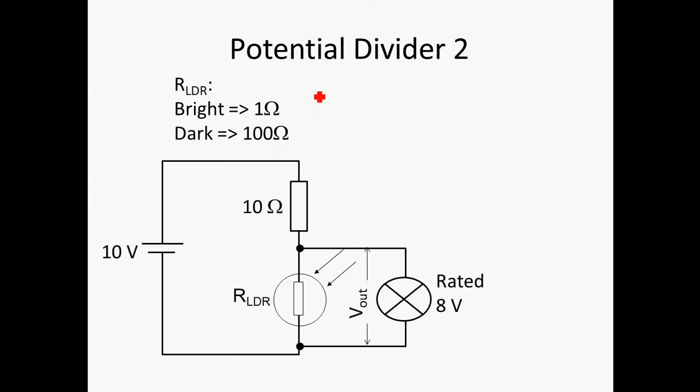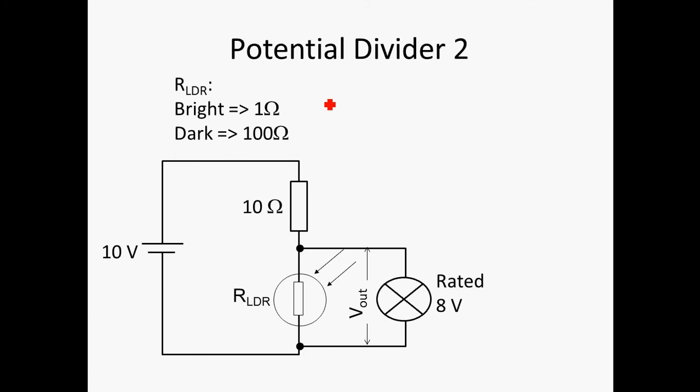Now let us calculate the V out in these two cases. In this case, I change the rated output voltage to that of an 8 volt supply, and then we're going to do the calculation.